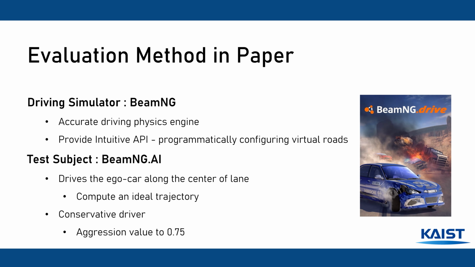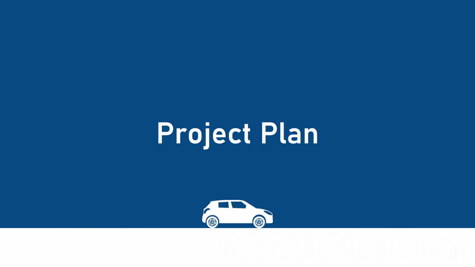With this simulator, the authors used BeamNG.AI as the autonomous driving algorithm. It drives the ego car along the center of the lane by computing an ideal trajectory, and it behaves like a conservative driver. Now, let me introduce our project plan.